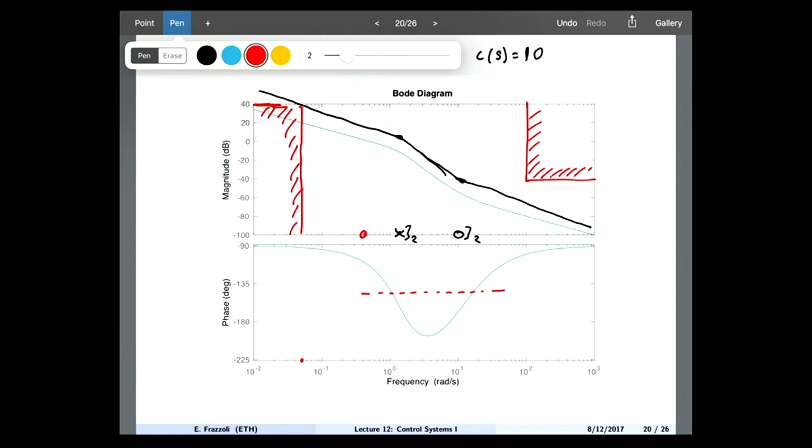We're putting a zero here, and 2 multiplied by 5 is 10, so we are putting a pole here. Fine, so then what will happen is that at this point we will go a little bit flatter. At this point, we'll start going down again. And here at this point, our slope will be the same one.